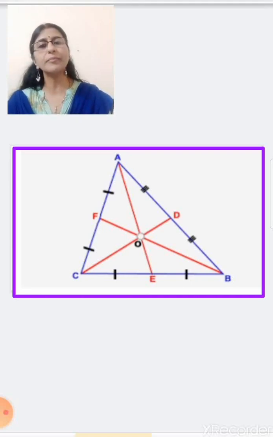Same way, one more median is there. CD is the median which is made on the side AB. BF is the median which is made on the side AC. So this way you can get 3 medians here, which will divide the sides equally into 2.